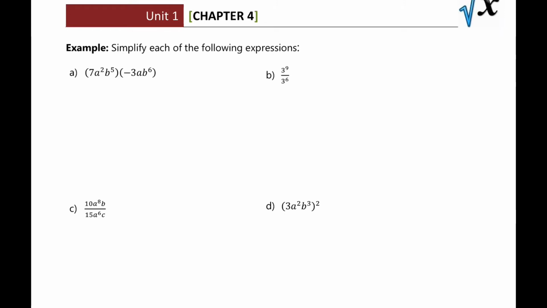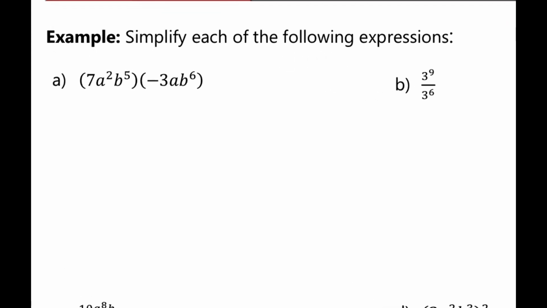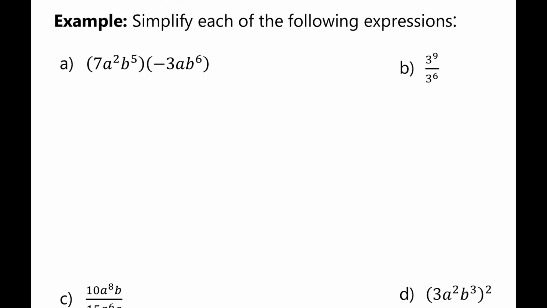Simplify each of the following expressions. Okay, so we have this complicated looking product, and we're trying to multiply those two. First thing I want to do is collect the like terms. Okay, so let me zoom in here for a bit. All right, so we have a number here and here.